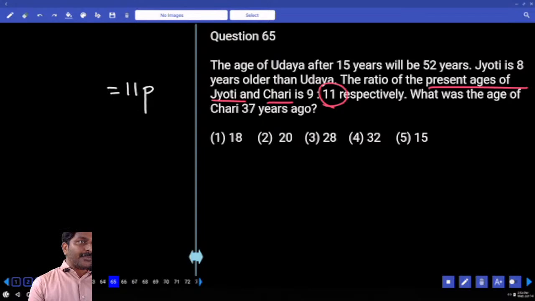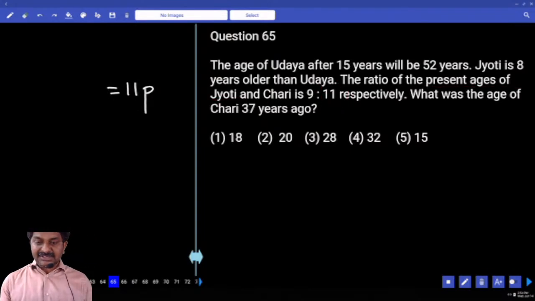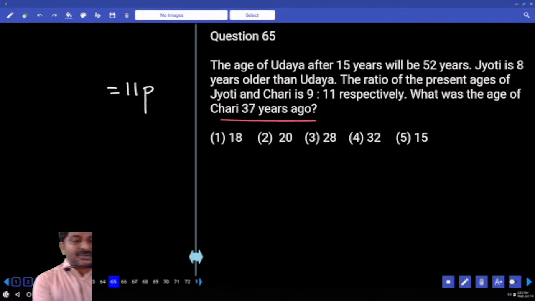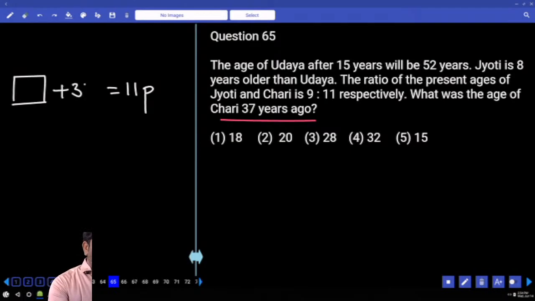Now the question is about Chari's age. So let's assume this box is Chari's age. 37 years back. To get present age, we have to add 37. Then it has to be 11 multiple. So in option you have number inside box.